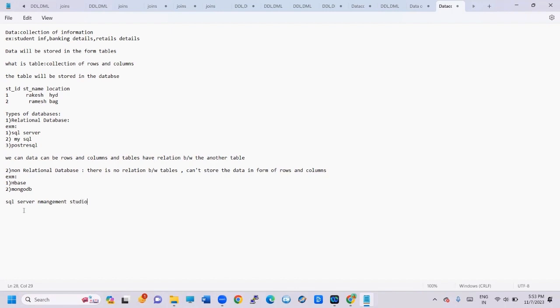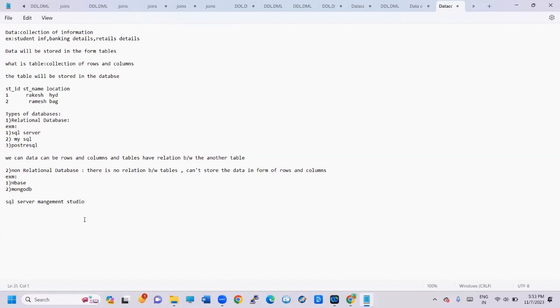If you know all the queries in SQL Server, you can write the queries in MySQL and PostgreSQL also. The syntax is a little different, but 90% is the same.